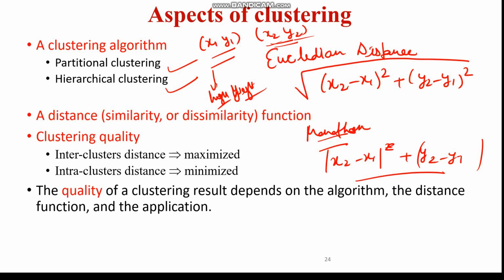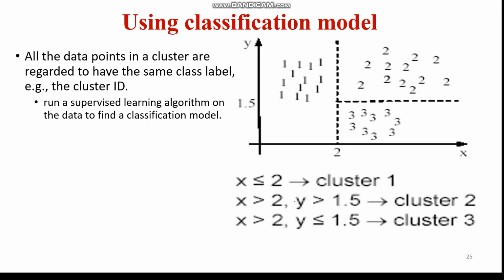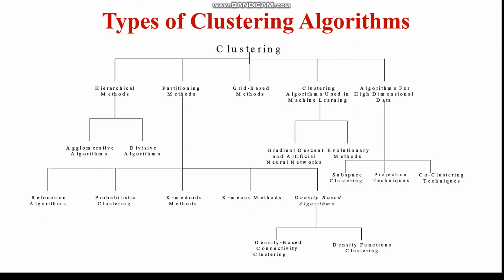For clustering quality, inter-cluster distance is maximized and intra-cluster distance is minimized. The quality of clustering results depends on the algorithm, the distance function, and the application. Using a classification model, we can categorize these based on certain similarity functions.